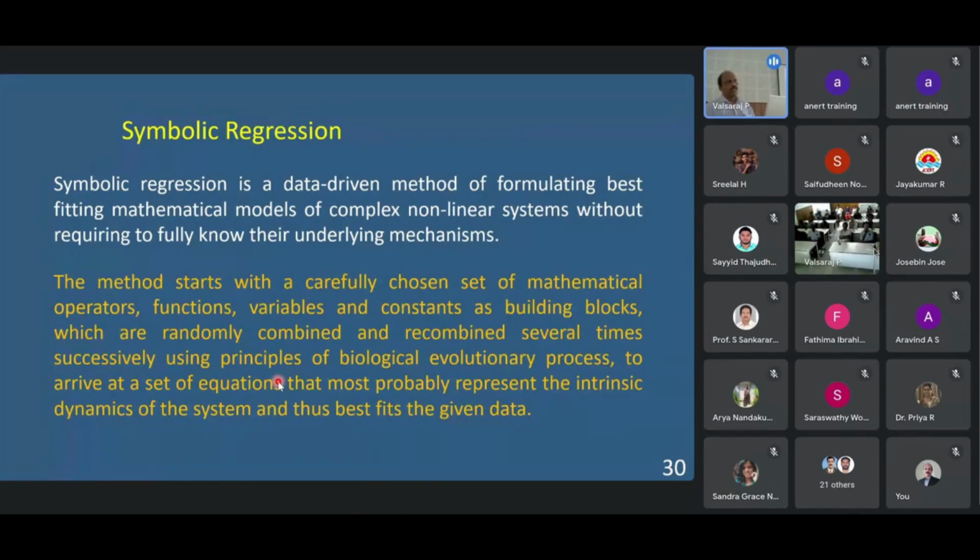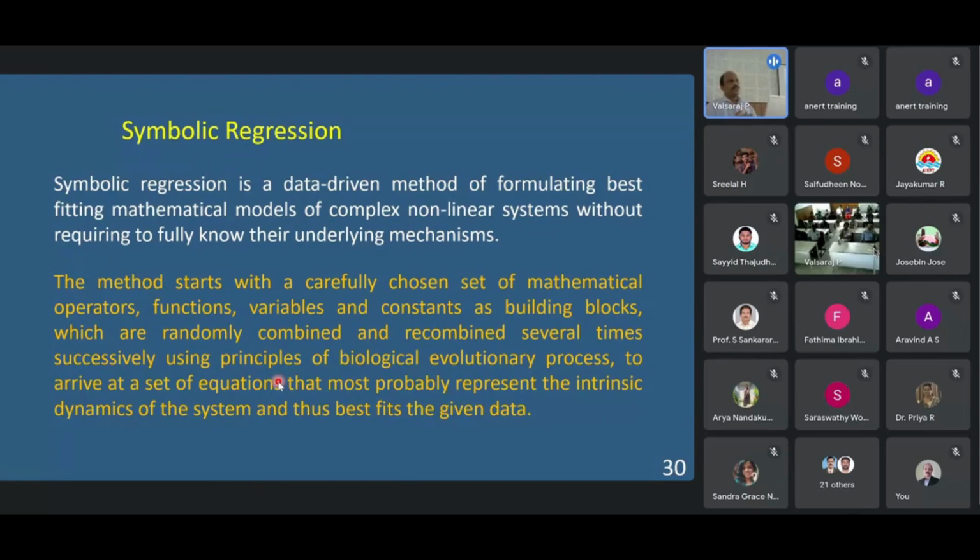In symbolic regression, carefully selected building blocks, like mathematical operators, functions, variables, and coefficients, will be selected together, and they will be combined randomly and recombined several times repeatedly using the principle of biological evolution. It's actually based on the genetic programming principle.